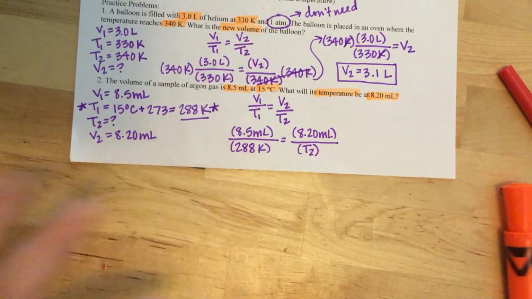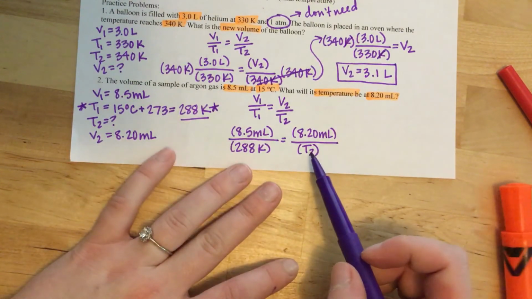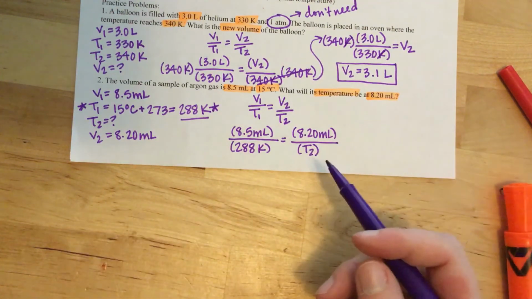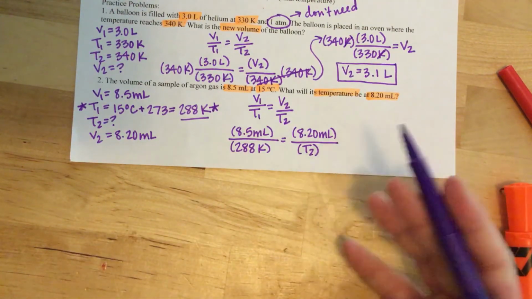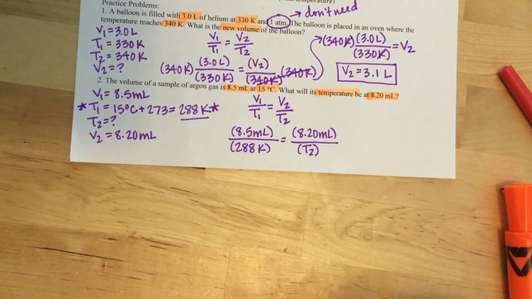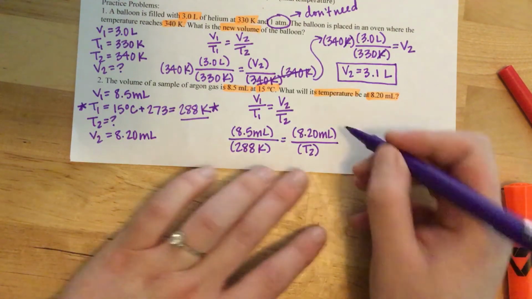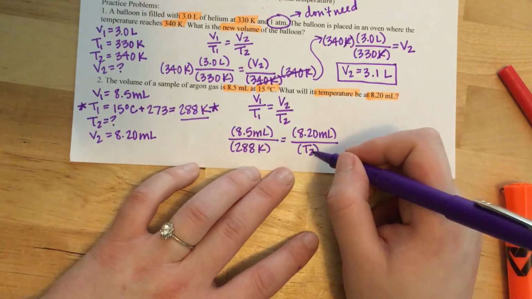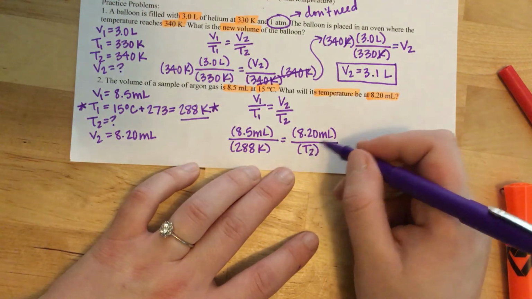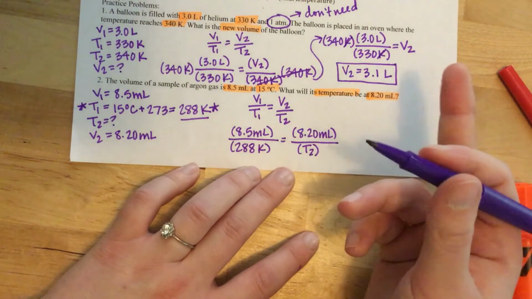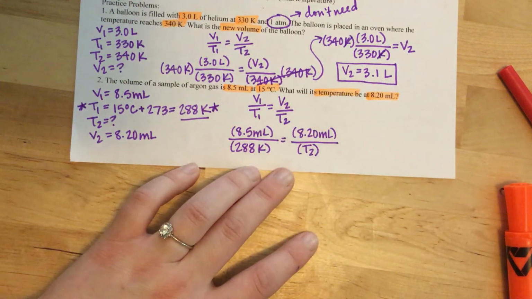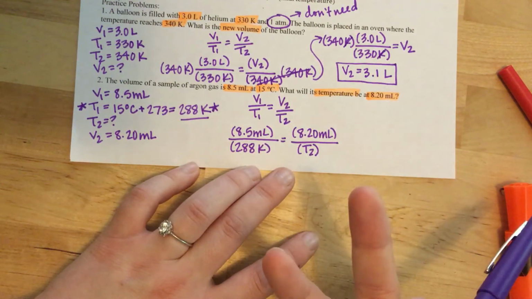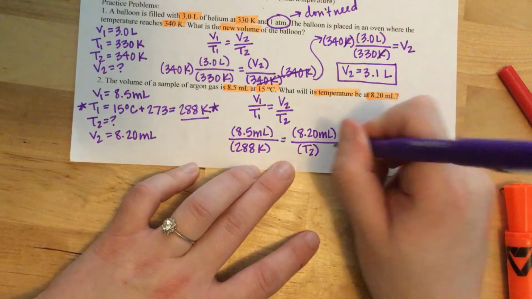Now, some of you get all like, oh my God, with algebra, especially when this guy's on the bottom, right? So there's a couple extra steps here to solve, but just be really careful with your algebra and you'll be just fine. So we know that T2 can't be on the bottom to solve for it, right? So we have to get T2 up on top to solve for it. There's lots of different ways you can do this, but I'm going to get T2 on the other side first.